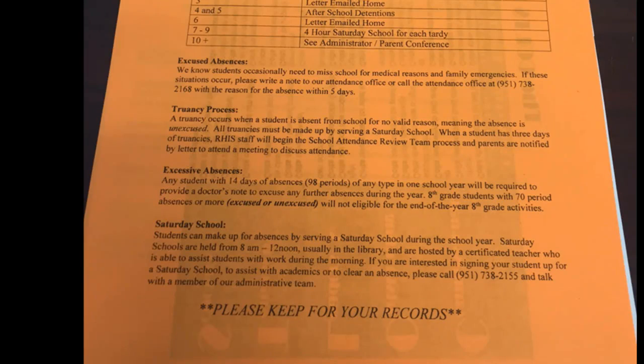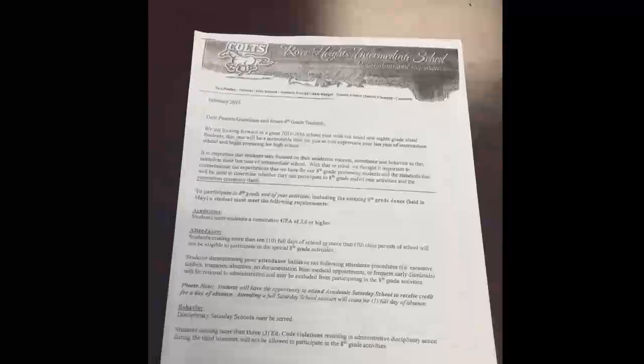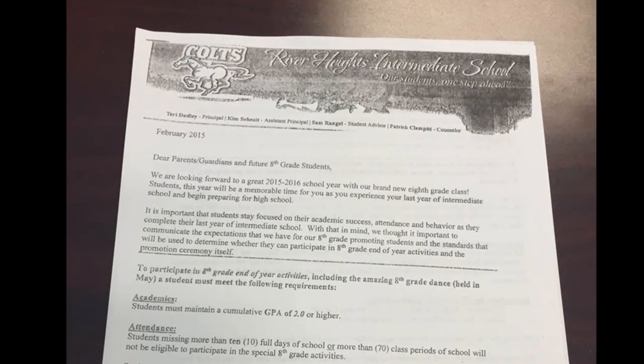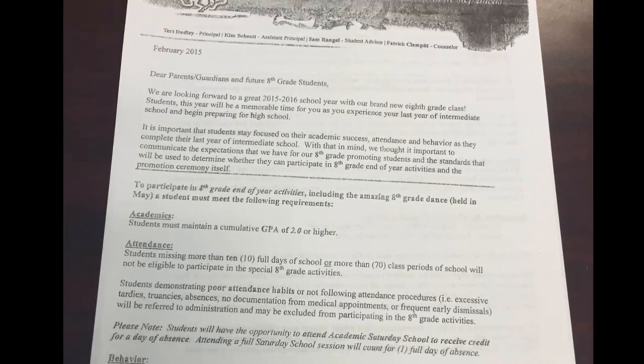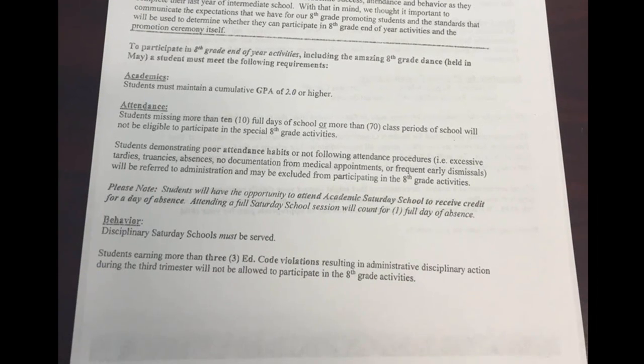That's very important. This next page is the 8th grade letter, and the 8th grade letter just lets you know that next year as 8th graders you have some responsibilities that you have to fulfill, and they have to do with maintaining a GPA of at least 2.0 and making sure that you're not absent too much, along with behavior as well.